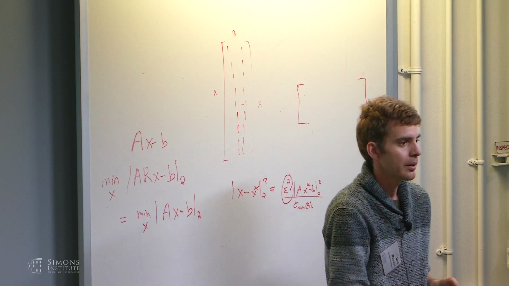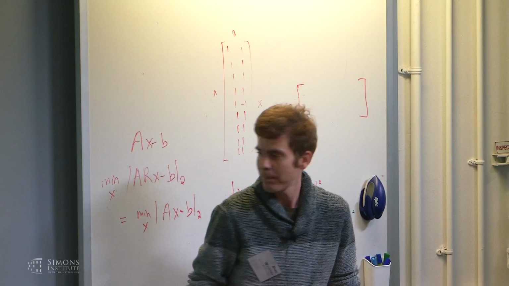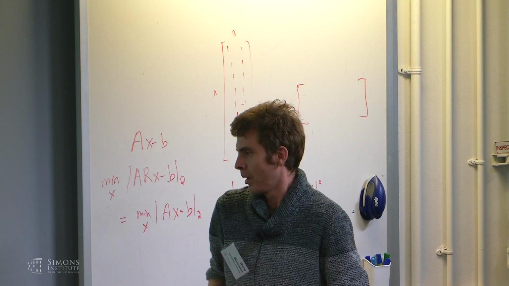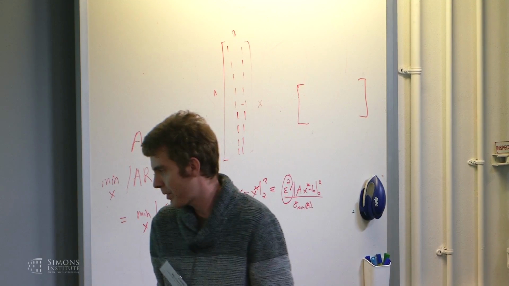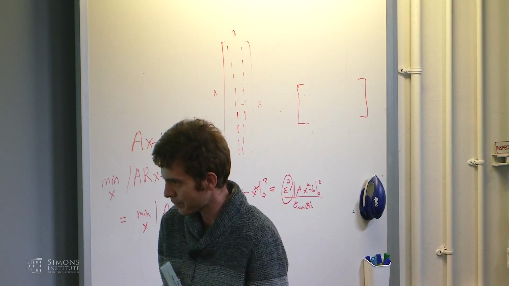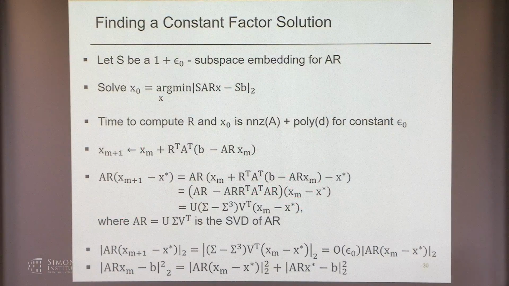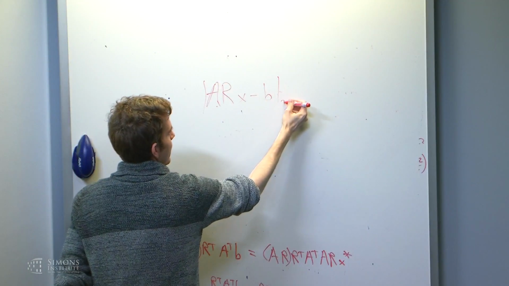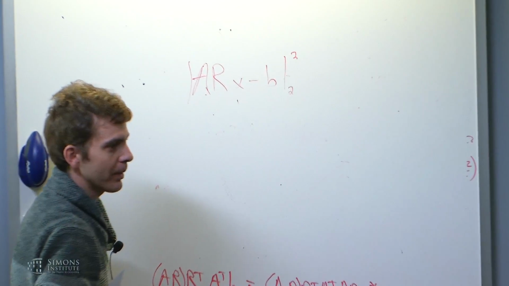How did you get the bottom line? Okay. In general, it's just the normal equations, right? So follow from the line before. Let's look at AR x minus b for an arbitrary vector x, right?